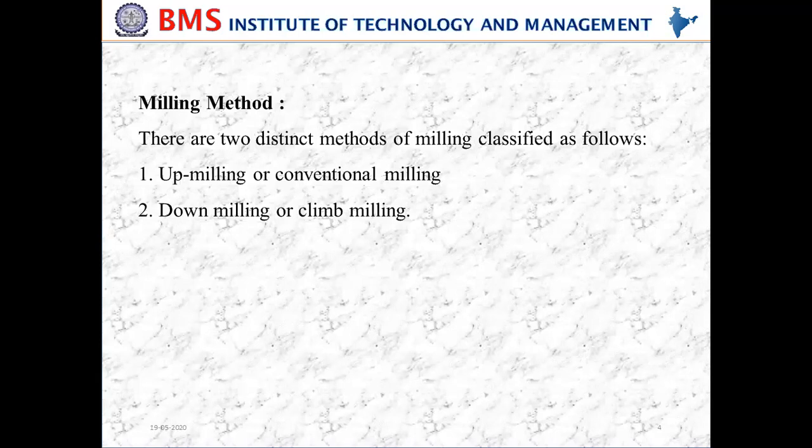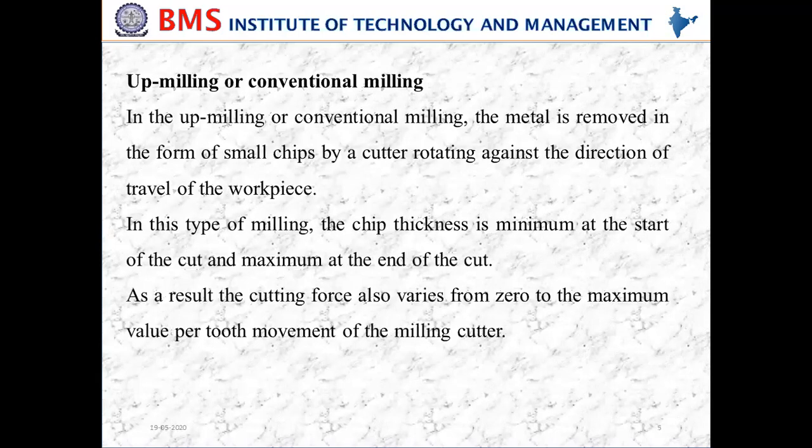The first method we discussed is the conventional milling method. In up milling, or conventional milling, the metal is removed in the form of small chips by a cutter rotating against the direction of travel of the workpiece. It means that the workpiece is fed in the direction opposite to the rotating cutter.